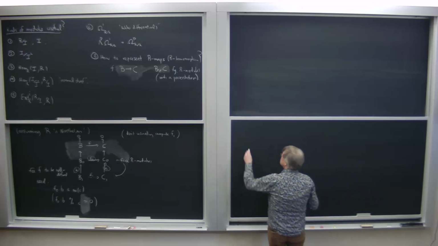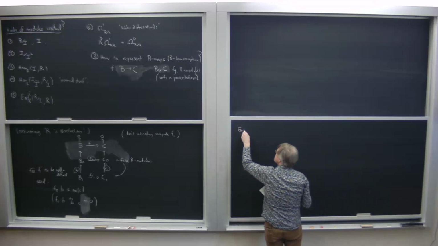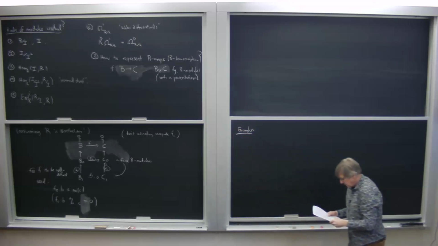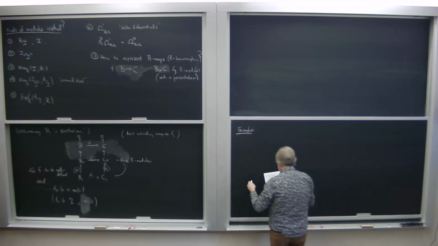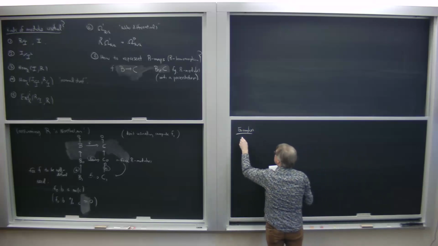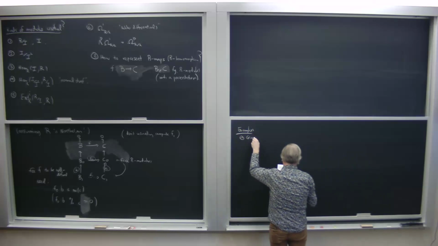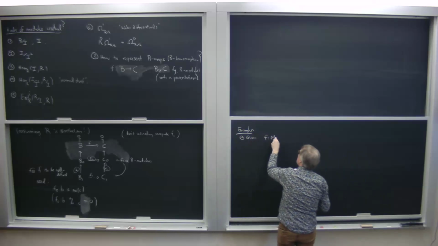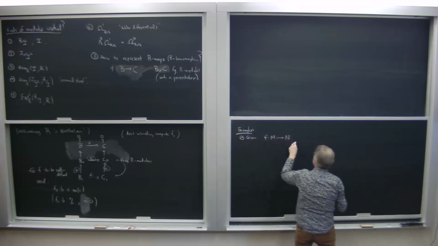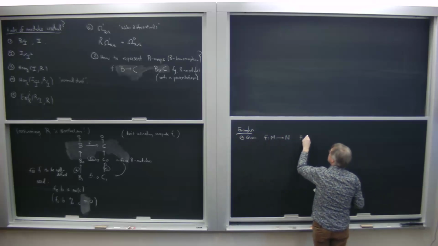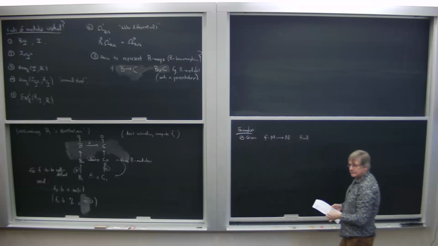So let's do a couple examples. How are we doing? Okay. So A, given F from M to N, find its kernel. Okay.